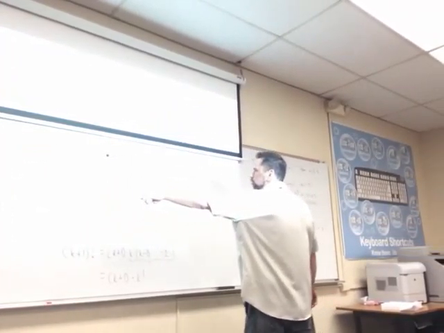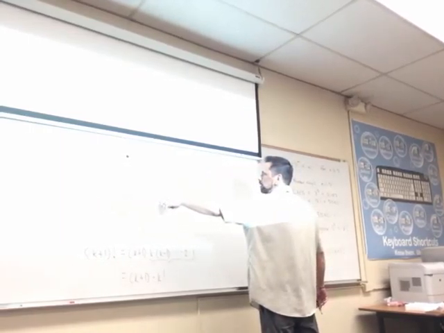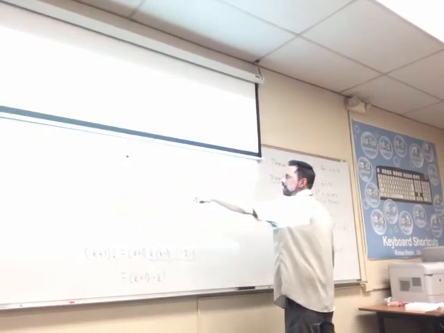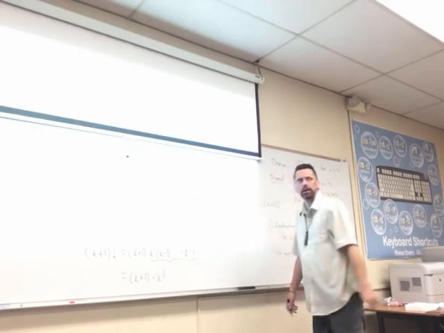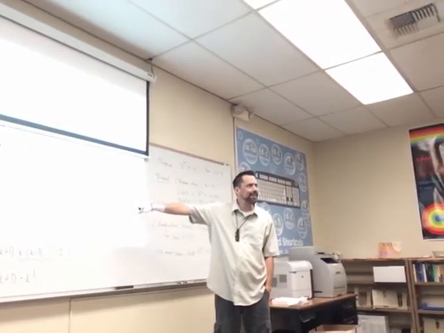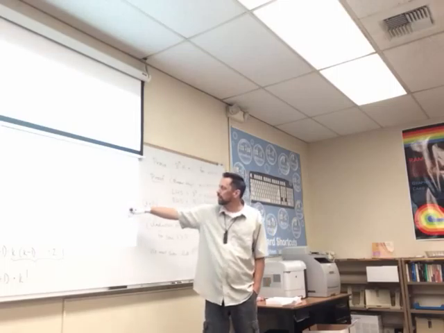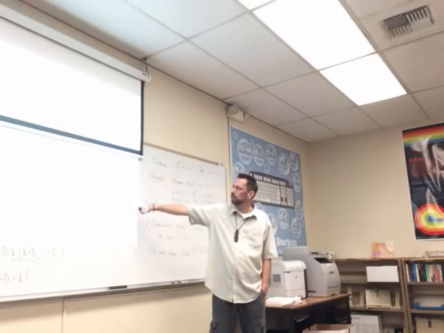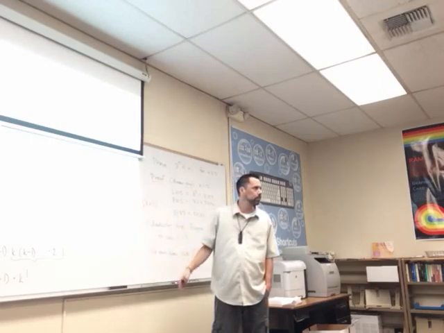So this is how it goes. You start with 3 to the k plus 1, write that as 3 times 3 to the k. By the inductive hypothesis, that is less than 3 times k factorial. And this is where I would not expect anybody to immediately come up with this as the next step. I came up with that by working backwards from what I'm trying to get to.